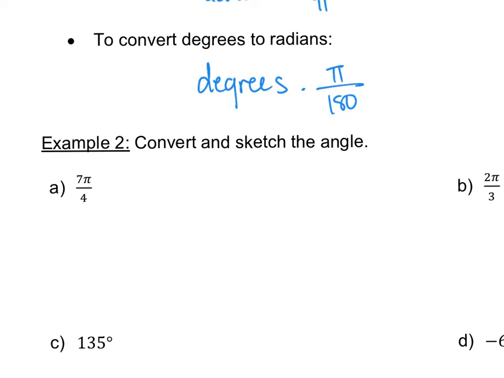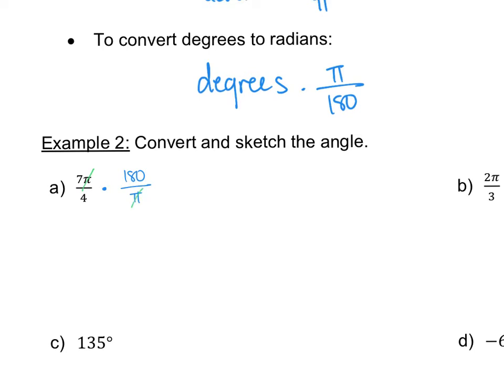To convert this, we need to multiply it by 180 over pi. Notice that I have the pi in the denominator because I want to cancel out that pi in the numerator. Remember, diagonals cancel each other, so when I multiply, this pi cancels out with this pi.